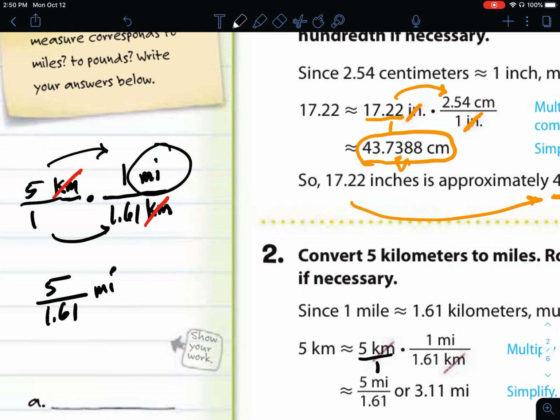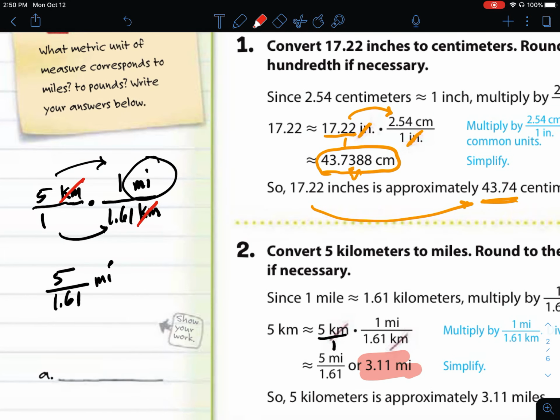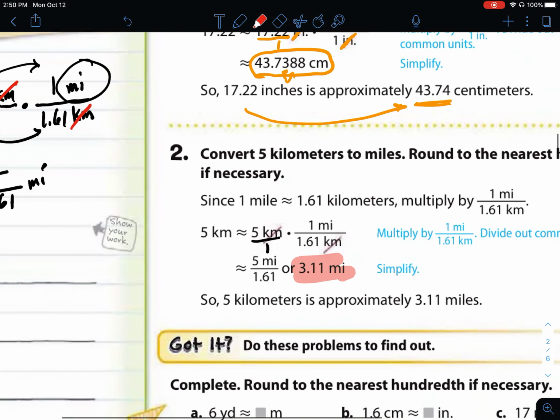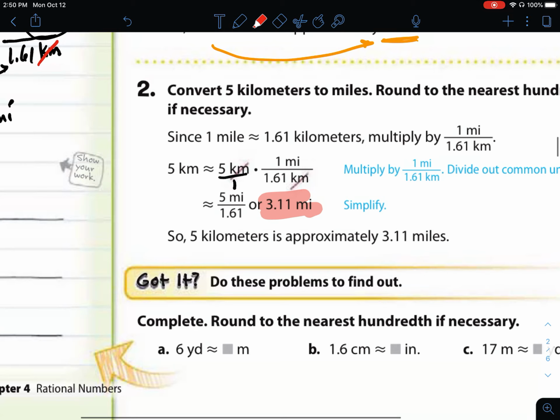So you end up with 3.11 of a mile rounded to the nearest hundredths place. So use a calculator whenever you are performing this activity.